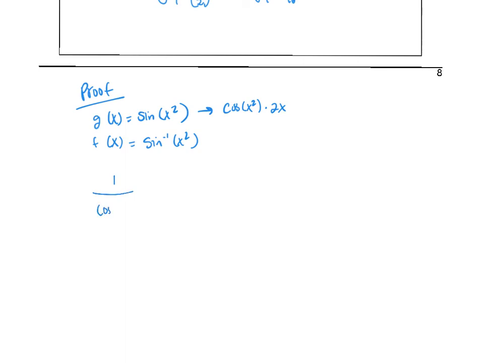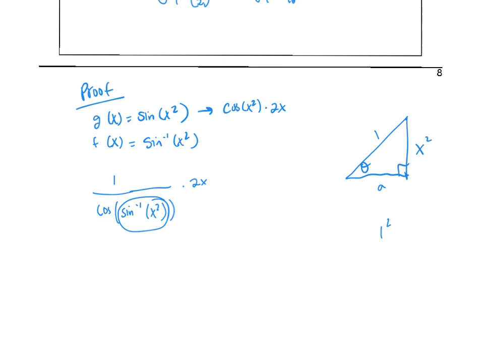cosine of g of h of x, so cosine of sine inverse of x squared, times that 2x. Now I'm going to take this and put it on my triangle. Here's my theta. Sine is opposite over hypotenuse, so I have an x squared, and I have a 1. Then I need to figure out what this a is.